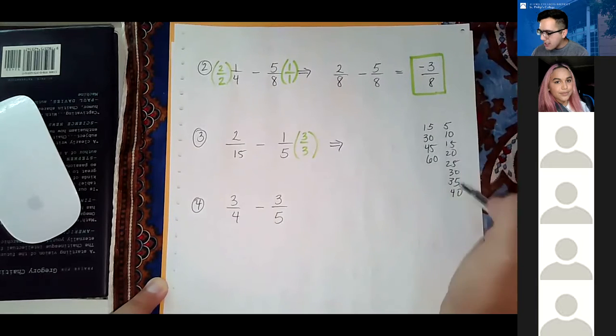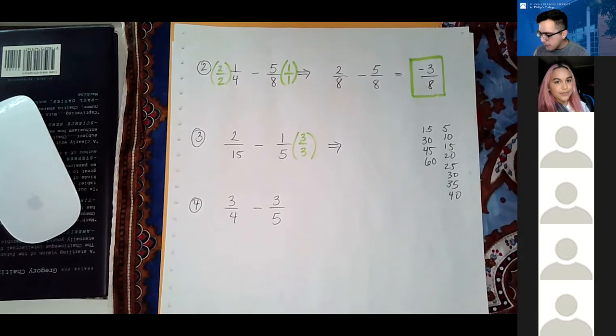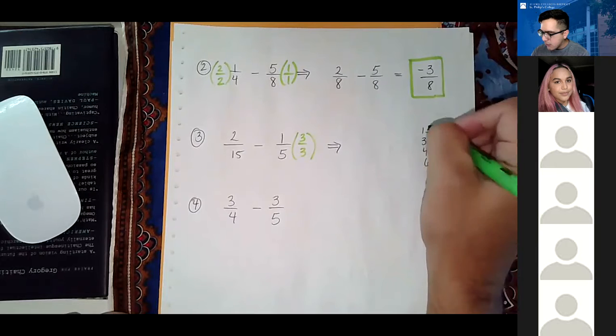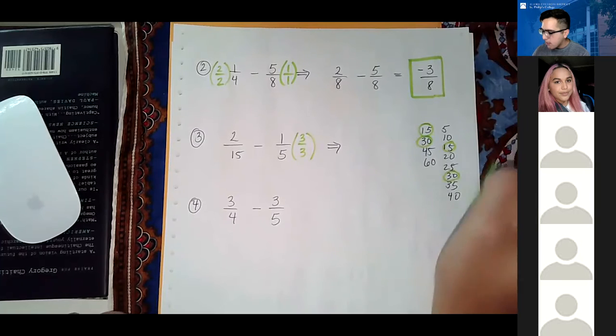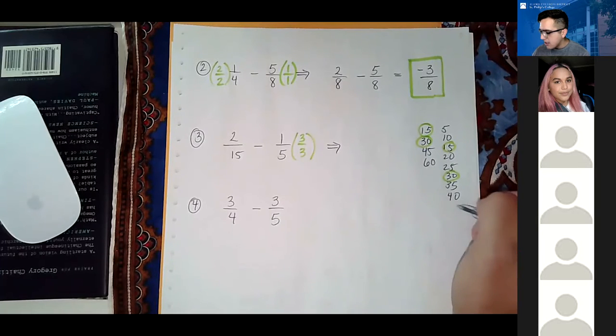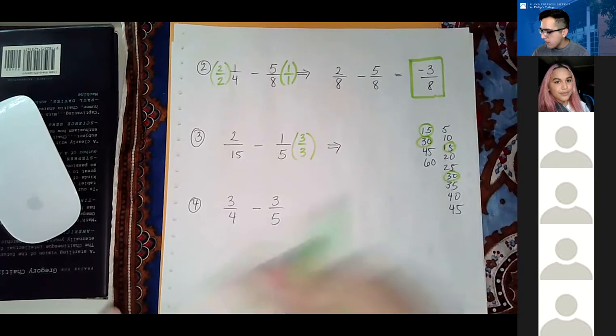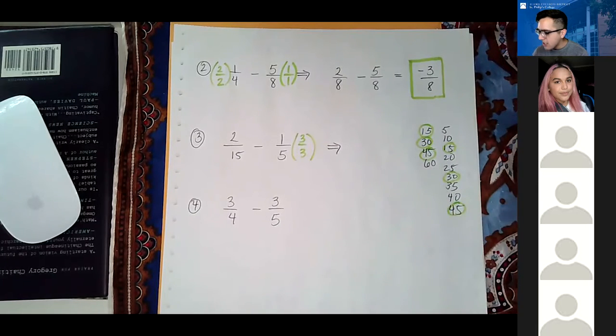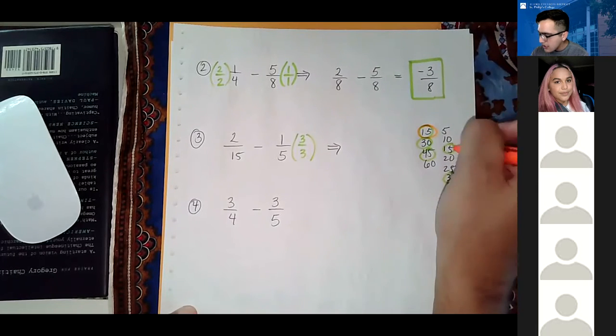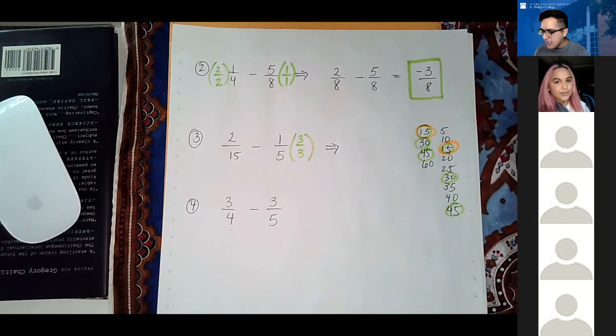But among these lists, what is the smallest number that both lists have in common? Well, both of these lists have a 15. They both have a 30. At some point, they will both have a 60. But actually, they'll both have a 45 here. But it's called the least common denominator, least common multiple, because we want the smallest common multiple. In this case, it's 15.